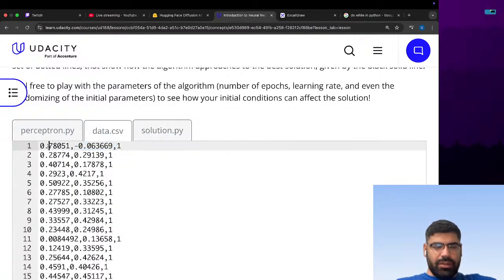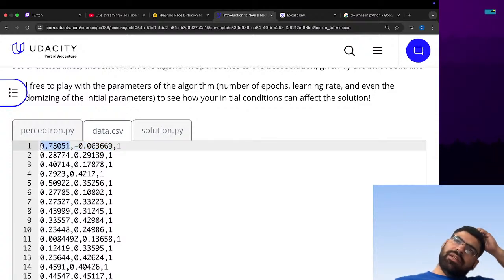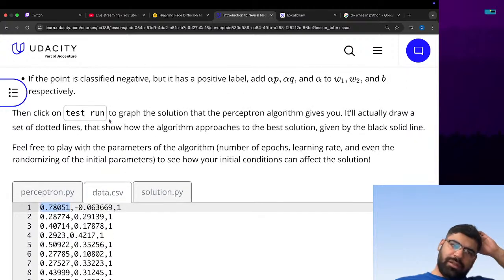So solution: there's w, there is x, and there is the y cap. The y cap is basically its label. We are getting the weight for each point.